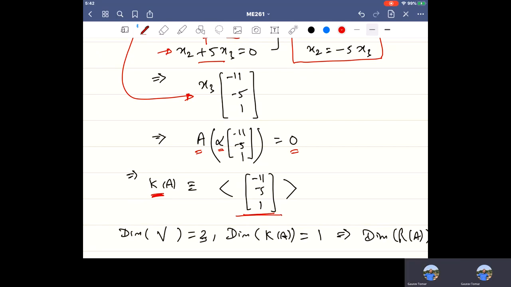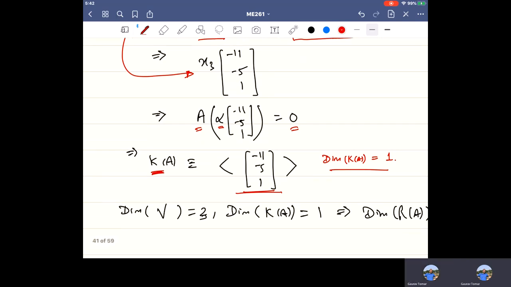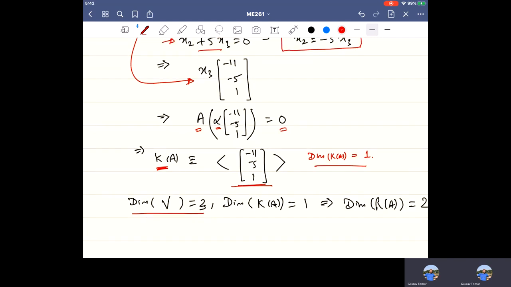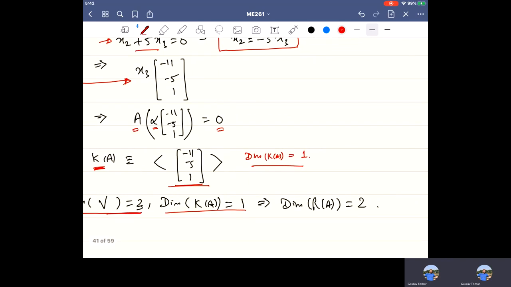So the dimension of the kernel space of A is 1, and the dimension of V was 3. So if the dimension of the kernel of A is 1 and the dimension of V is 3, then you get the dimension of range of A, which is going to be 2.